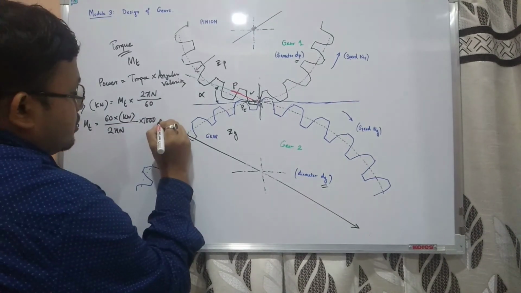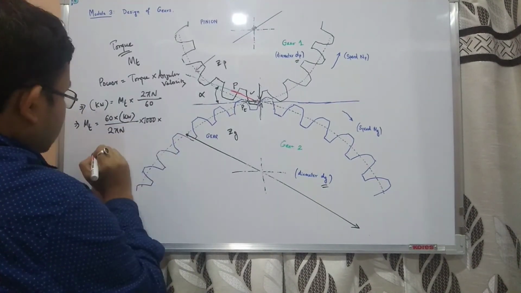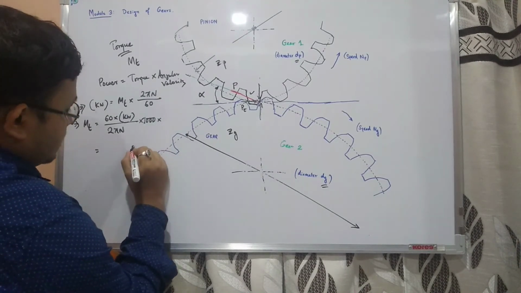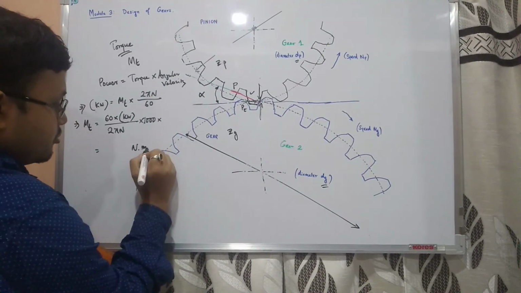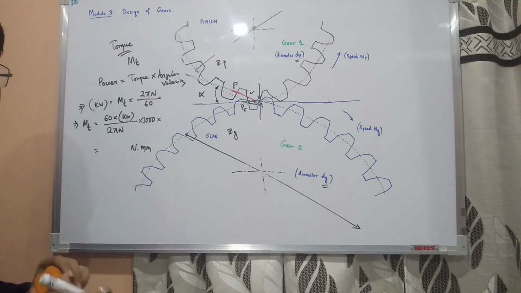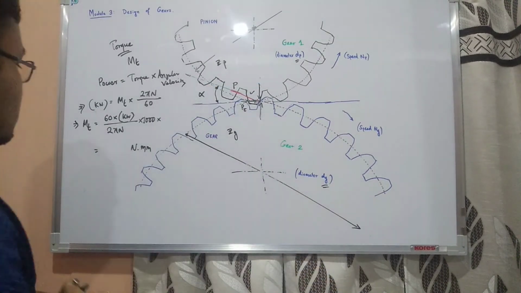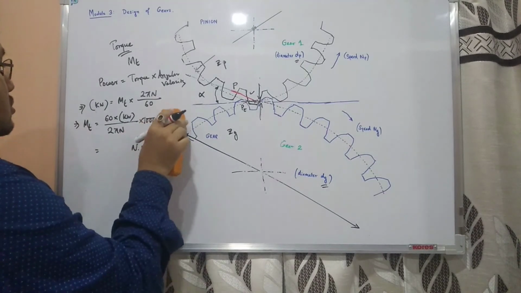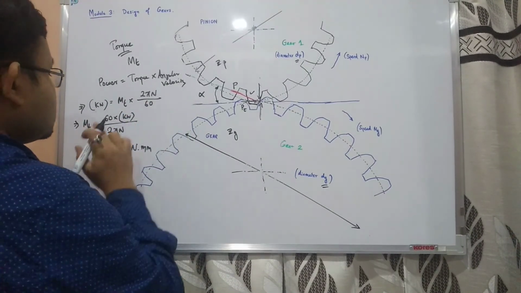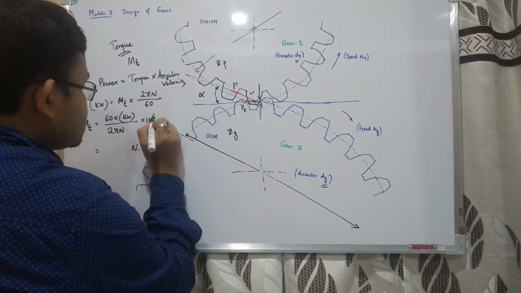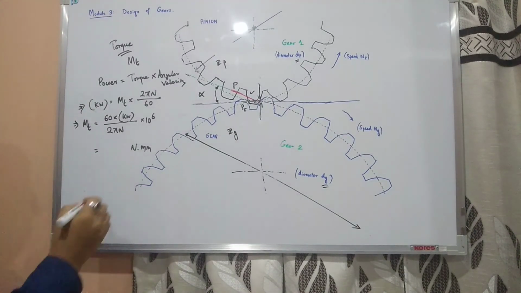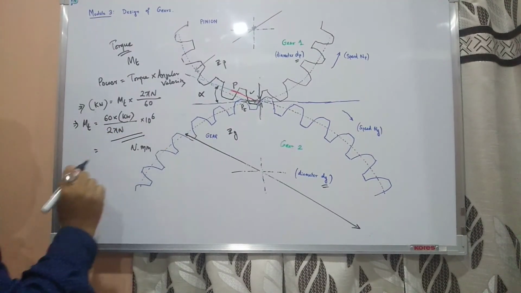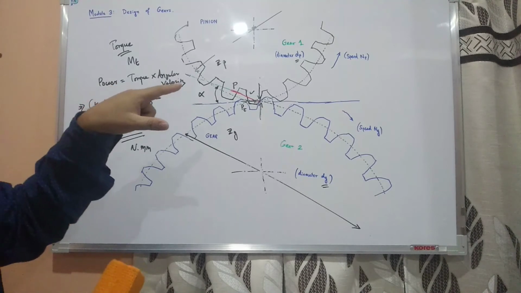And the unit of Mt here is now Newton meter. We will make it Newton millimeter because your gear dimensions will be in millimeter. So to make it millimeter, we have to multiply another 1000 with this. So you can see the formula contains 60 kilowatt into 10 to the power 6 divided by 2 pi N. Using this formula we can find out your torque.